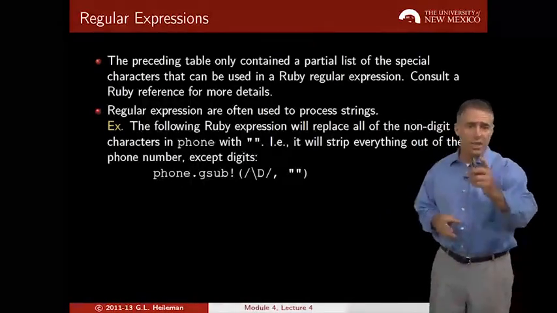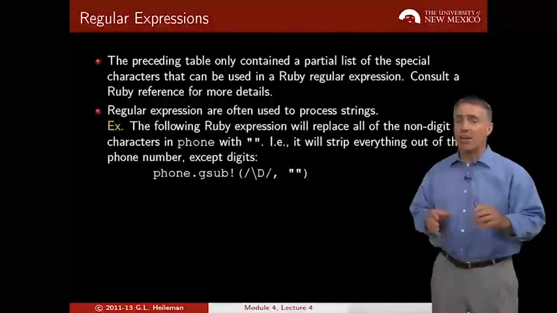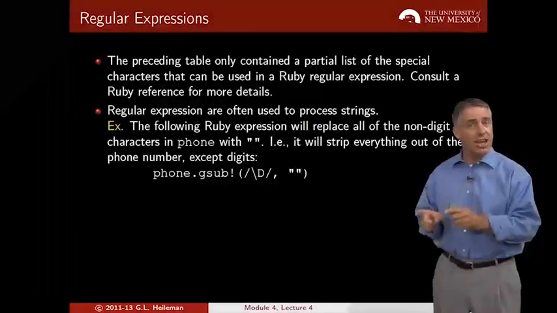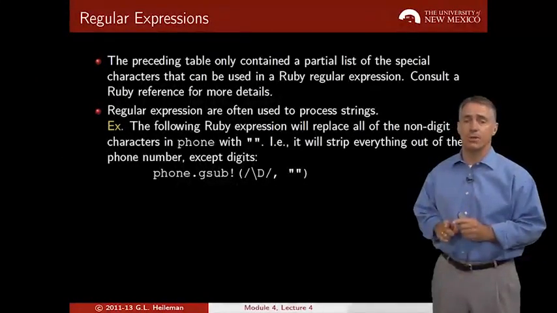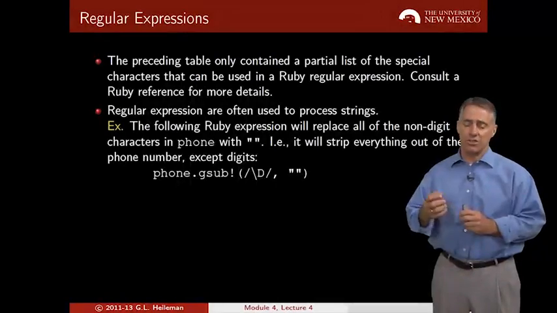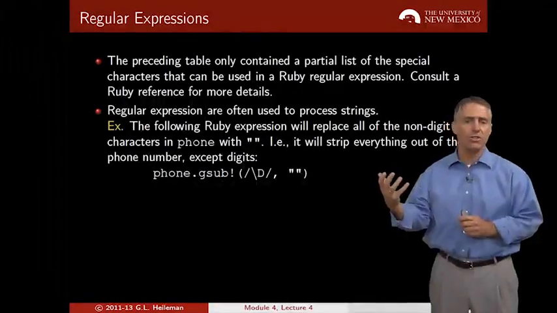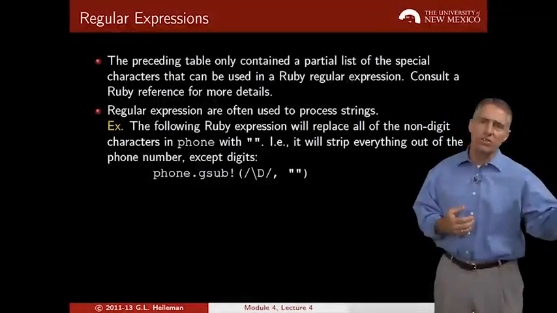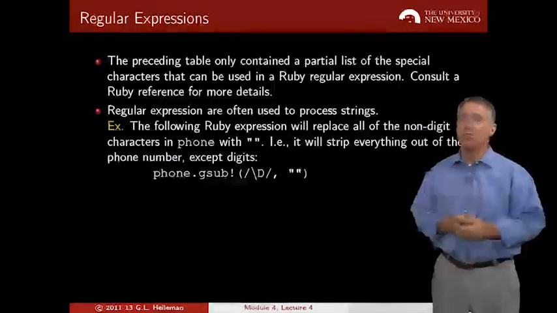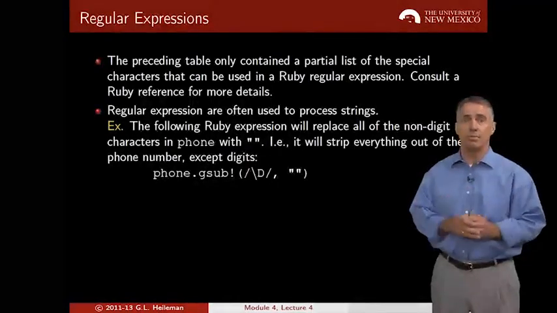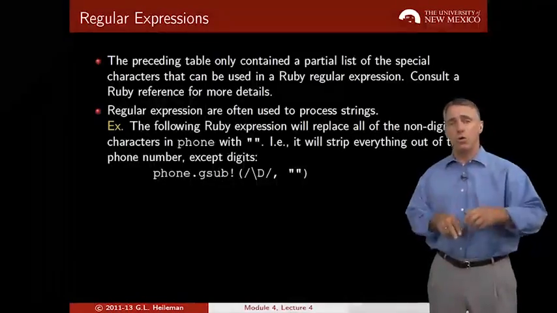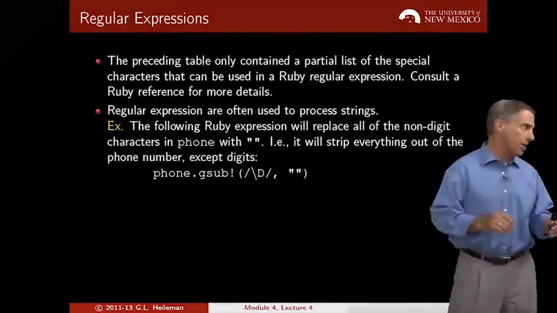And because I'm using the exclamation or bang version of gsub, it means it's going to change the string that I apply it to. All right? And so what gsub does is it takes the first argument, it matches it against the string, the phone number in this case, and it replaces it with the second argument. And what I've supplied as the second argument is an empty string. It's just a double quote followed by another double quote with nothing in between.